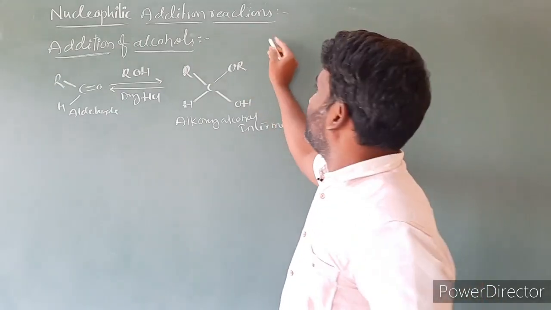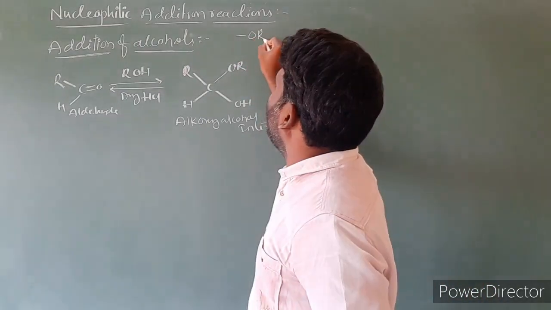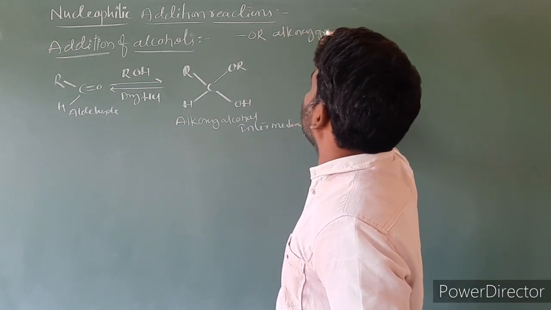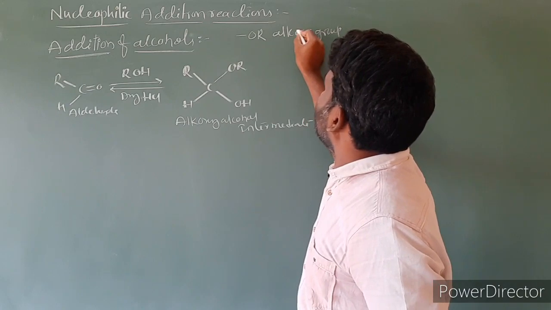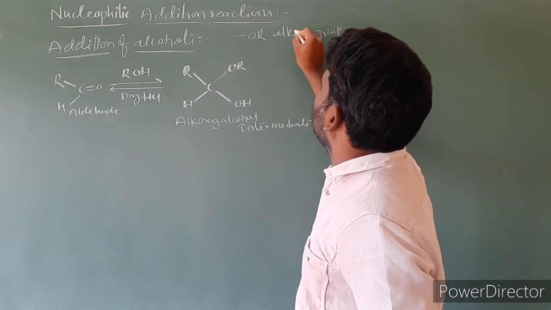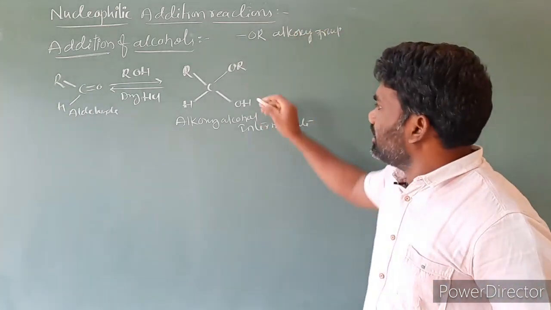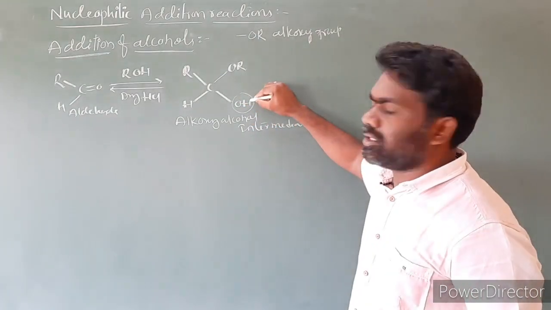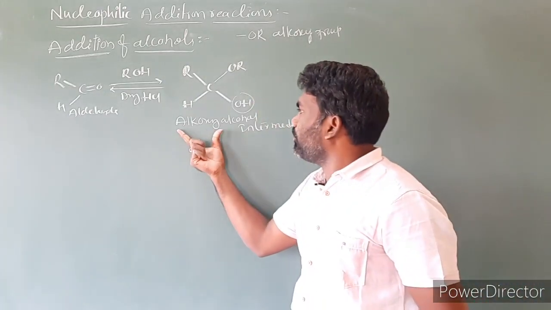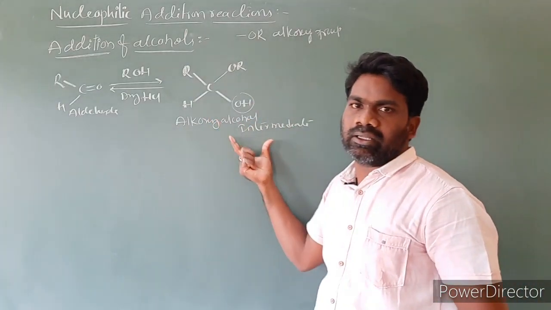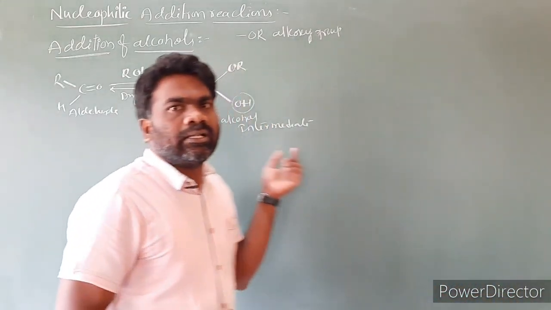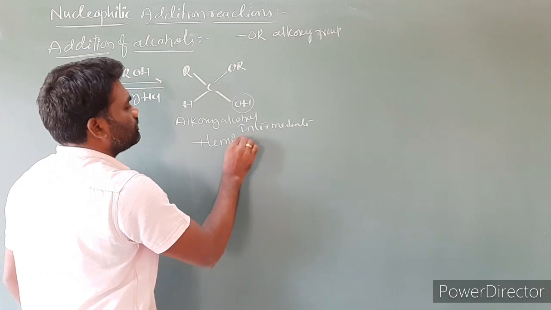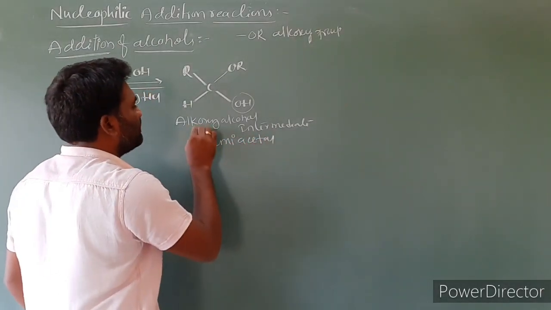This OR group is called the alkoxy group, and this OH is called the alcohol group. So the alkoxy group and the alcohol group are both present in this molecule, so we call it the alkoxy alcohol intermediate. This alkoxy alcohol intermediate we have to call hemiacetal.